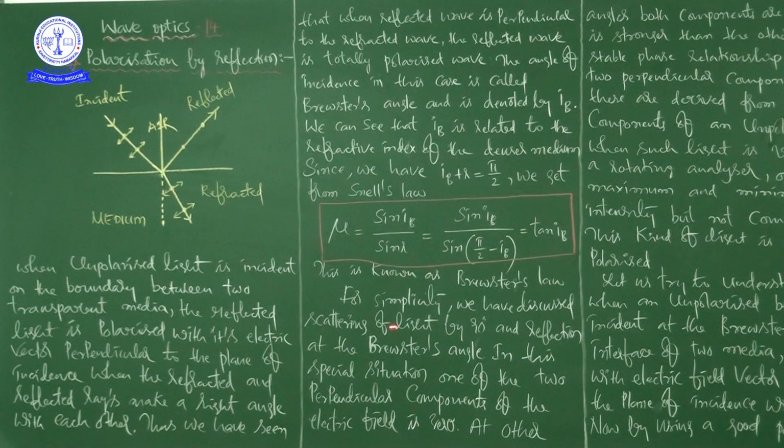In this special situation, one of the two perpendicular components of the electric field is 0. You know very well from our previous topics, moving charges and magnetism, that the electric field is a three-dimensional vector quantity.